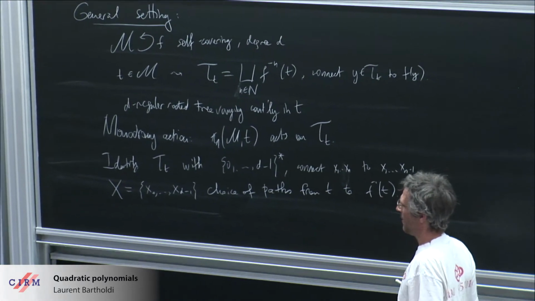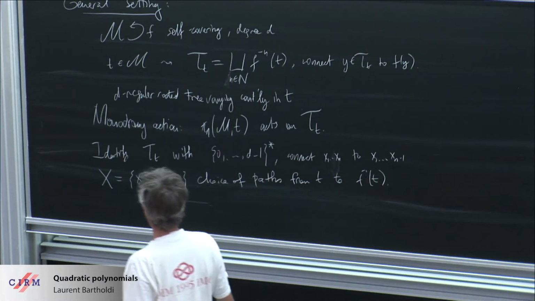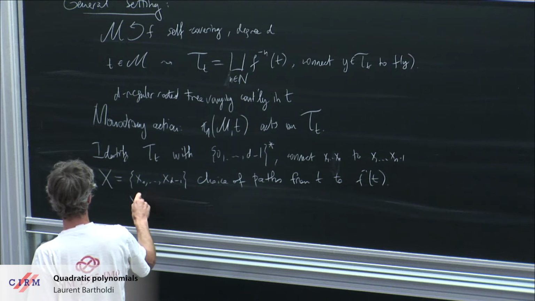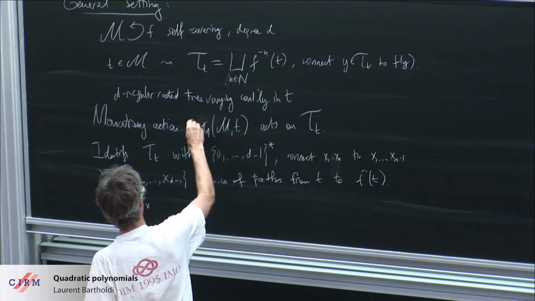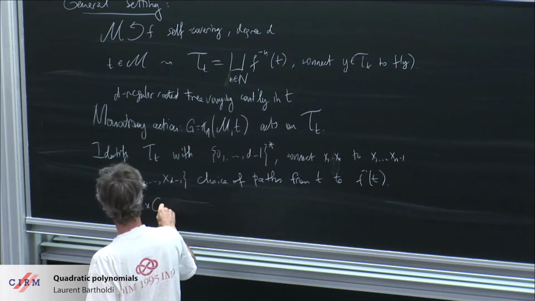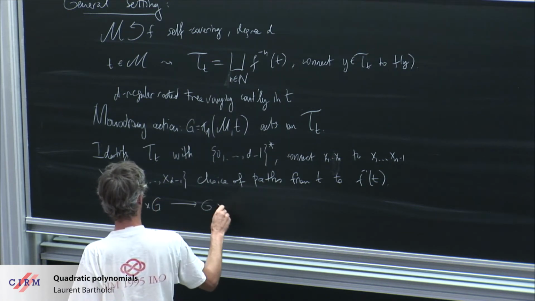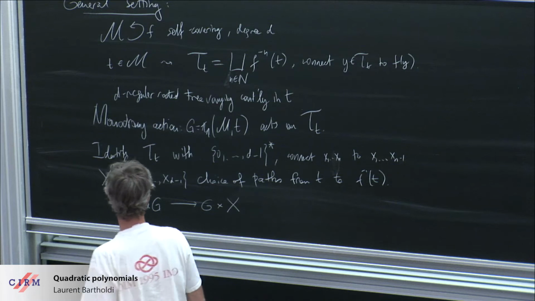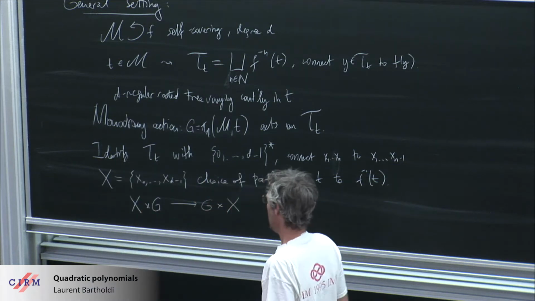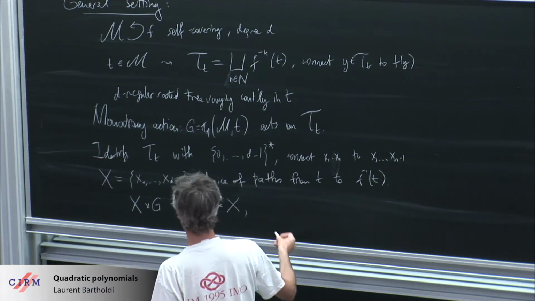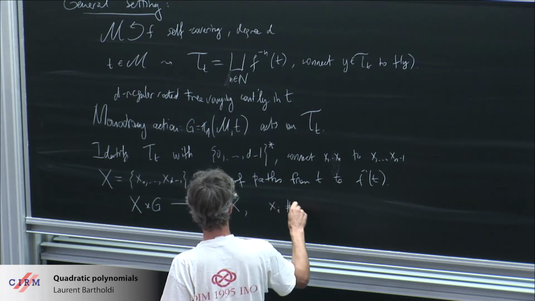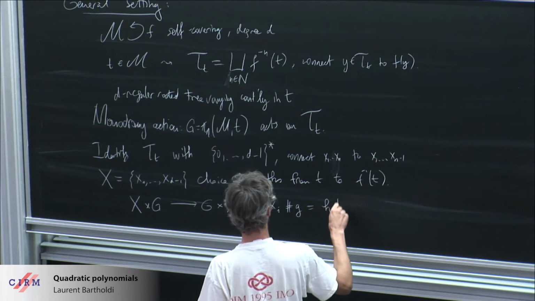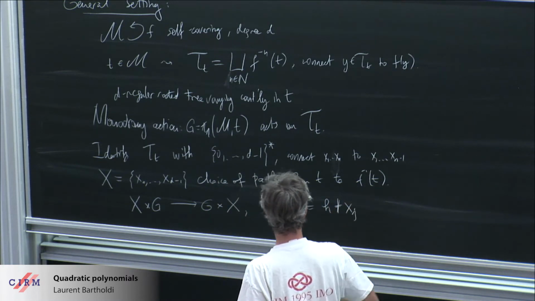And now there is a map from X cross G into G cross X. And I will write this map in the form xi hash G equals H hash xj.